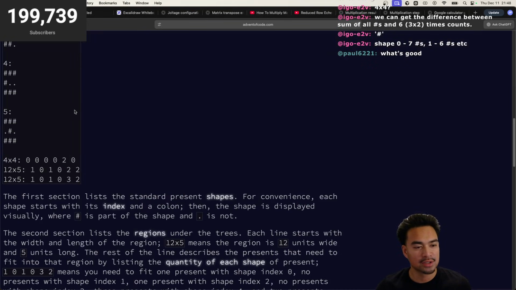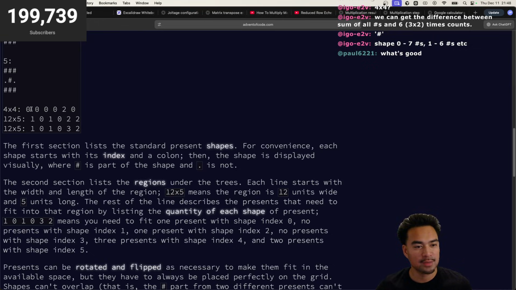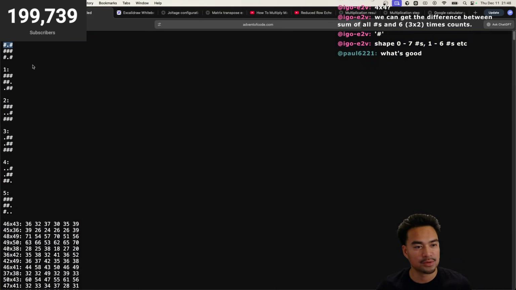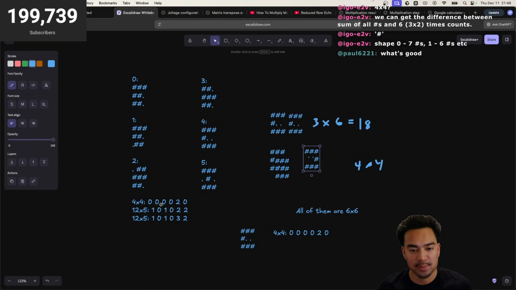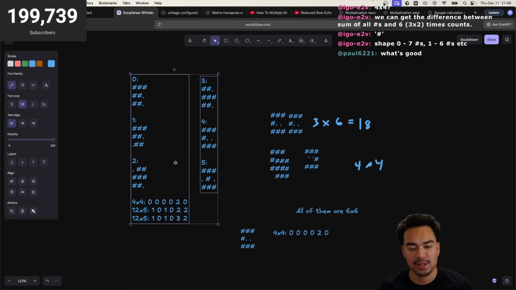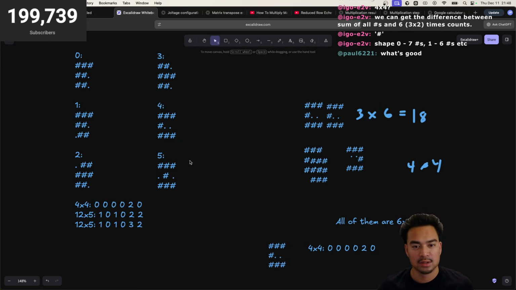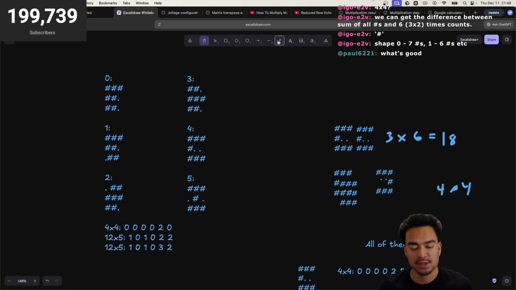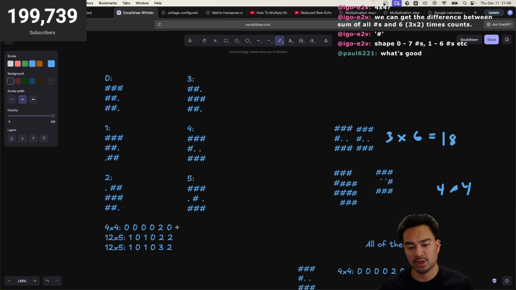Yo, Paul, I'll show you the problem. Essentially, the problem is pretty simple. This is the input statement. We're going to be given a bunch of shapes, and then we need to return true or false for every single grid on whether it could fit all of these shapes. Each element tells you how many of these shapes we need to fit.